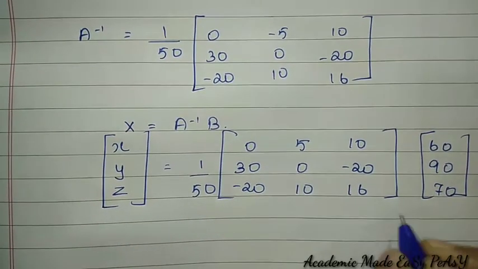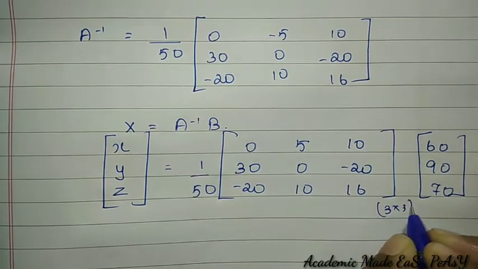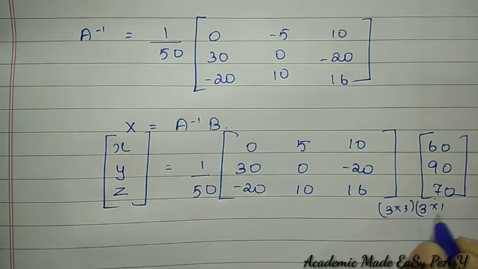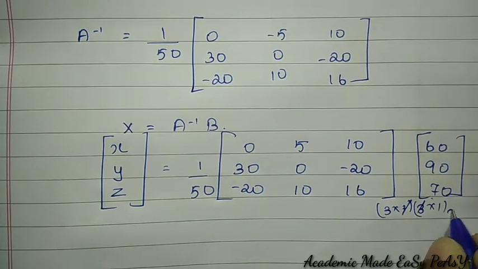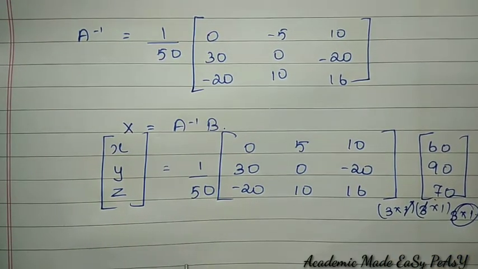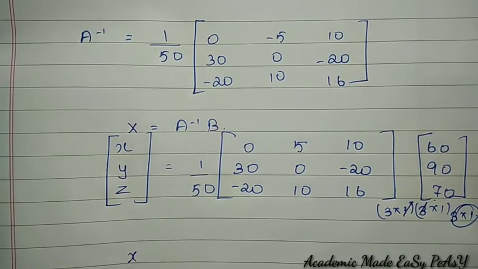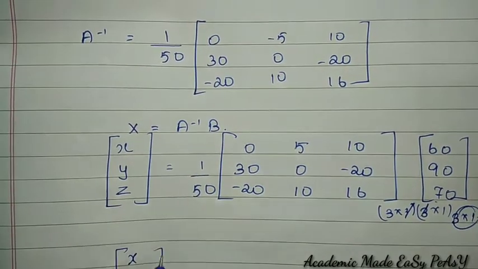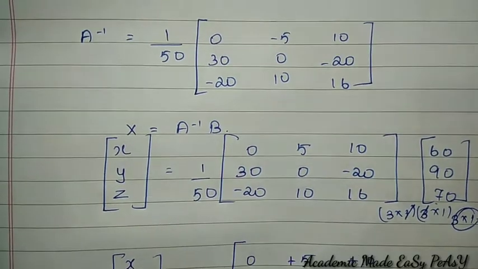So now this is of the order 3 by 3 and this matrix is of the order 3 by 1. So now my final matrix will be of the order 3 by 1.